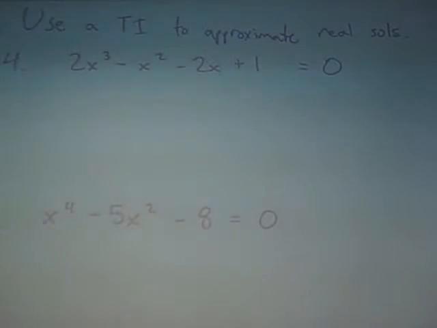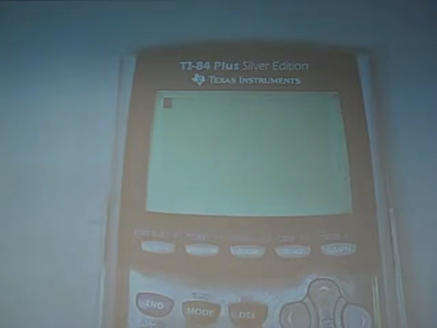On this one, we want to use a TI to approximate the solutions. For the first one, what we want to do is probably just plug that equation in. Try to make this as large as I can.